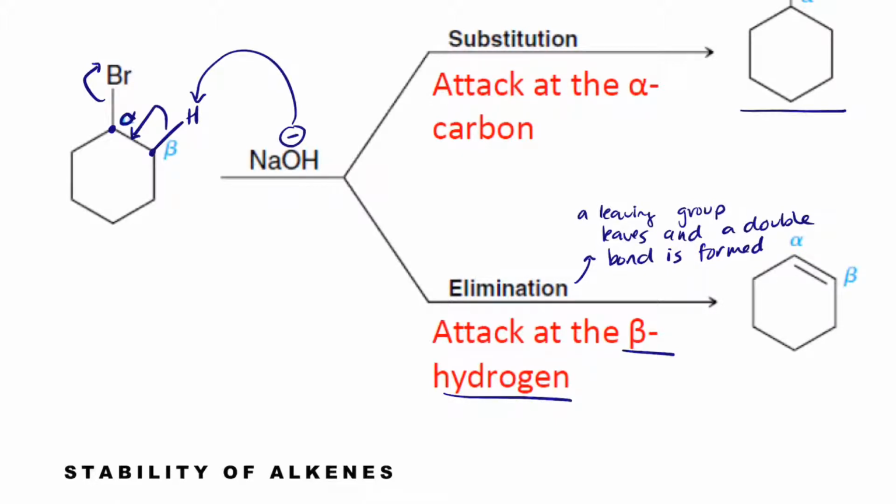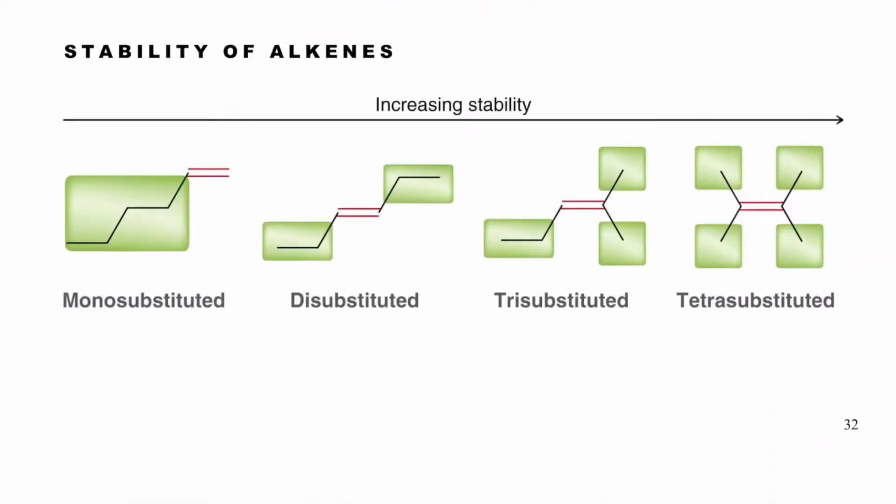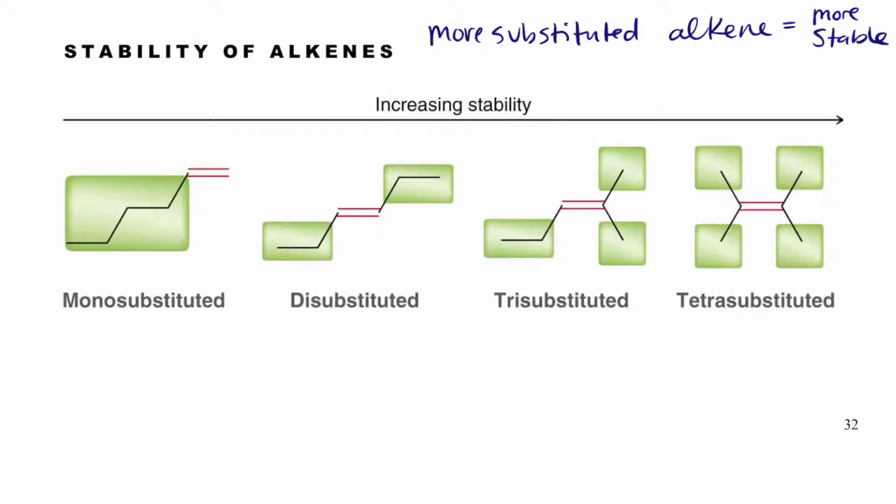Now, we're going to talk about major and minor products, but before we do that, we need to talk about alkenes and their stability. The more substituted the alkene is, the more stable it is.